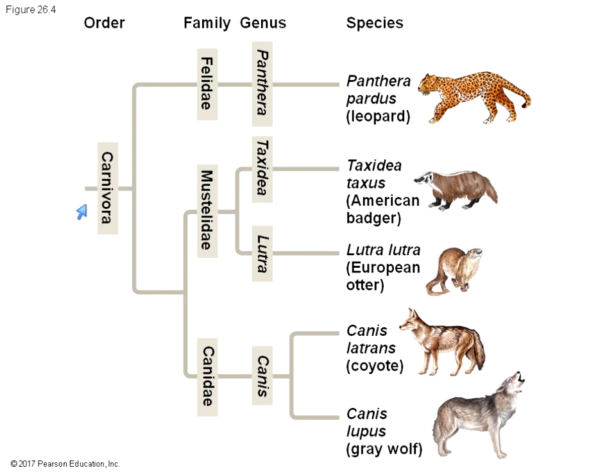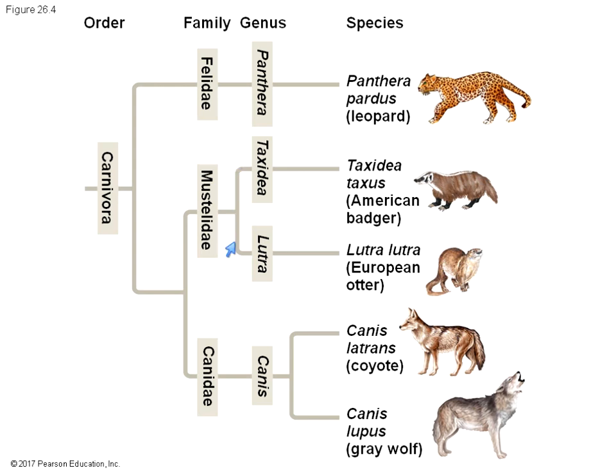We can take this order Carnivora and divide it up into 3 different families by the organisms that are represented here: Felidae, Mustelidae, and Canidae. Felidae are cats, of which Panthera pardus is one. Mustelidae is talking about organisms that have a very musk-like odor to them.